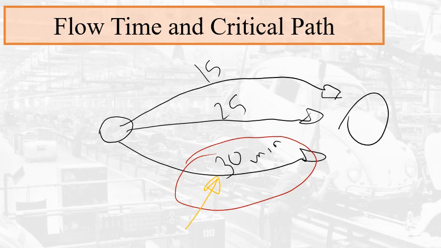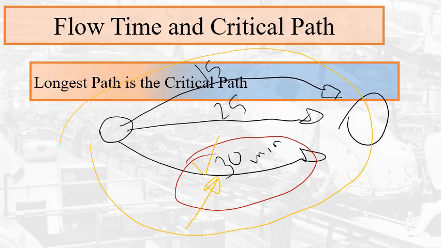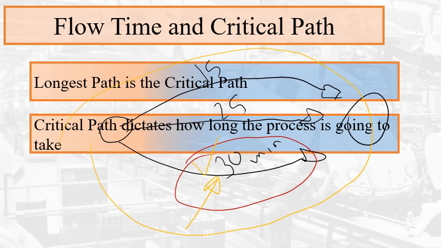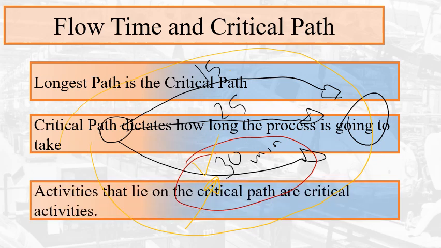The other two paths, if we try to reduce the time on them, it will not affect the time for the whole process because it would still be 30 minutes. So we care about the critical path because it's the longest path, and it's the path we want to concentrate on if we want to reduce the overall process time.